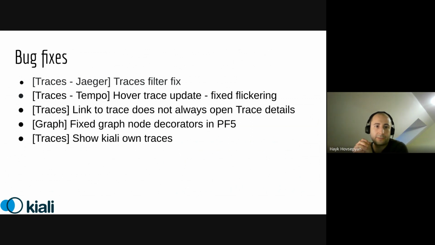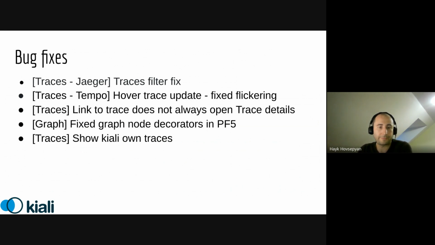For traces, for Jaeger, the traces filter is fixed, if you had a bug on that. For Tempo traces, hovering on the trace was causing flickering. Now it's fixed, and the trace is stably located.